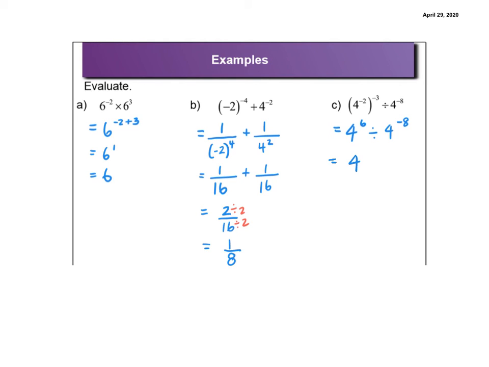When I'm dividing two powers with the same base, I subtract exponents. So this will become 6 subtract, and that second exponent is -8, so I need to remember that I'm subtracting a -8. If I'm subtracting a negative, I change that to plus a positive because it's like taking away a debt. So I'll have 6 plus 8 is 14.